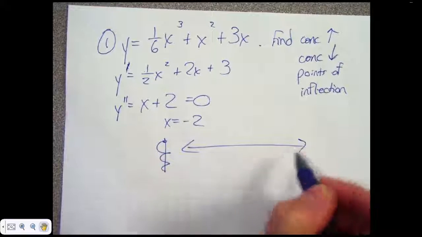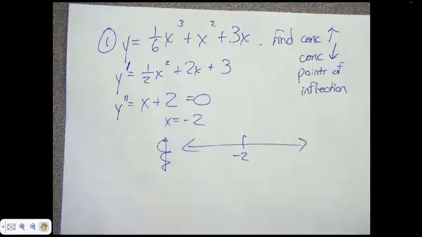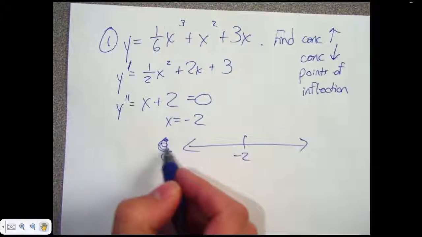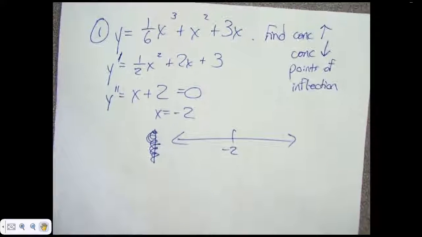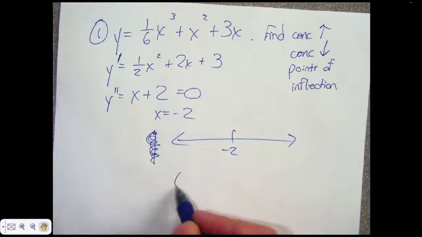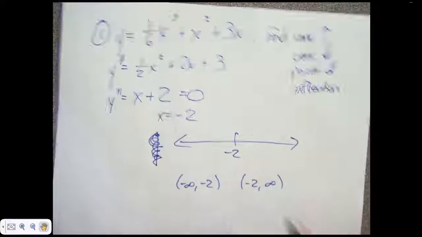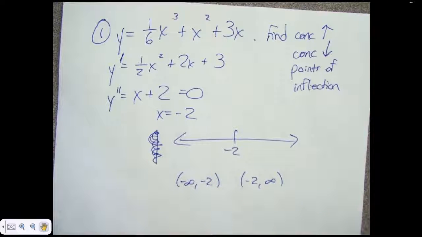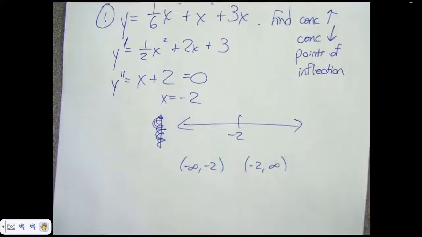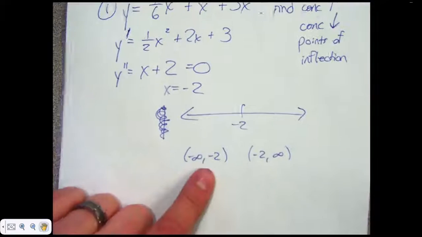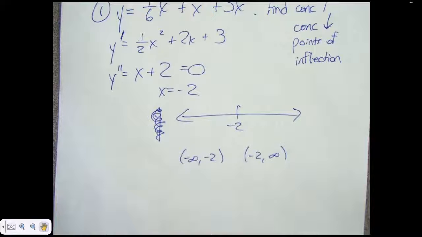So set up a number line. Put -2 on there. And that gives us our intervals: -infinity to -2, and -2 to infinity. Then same as before, we pick a point from that interval and plug back into the level we came from.